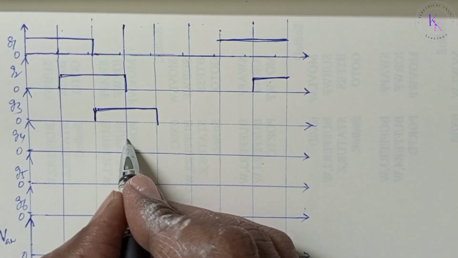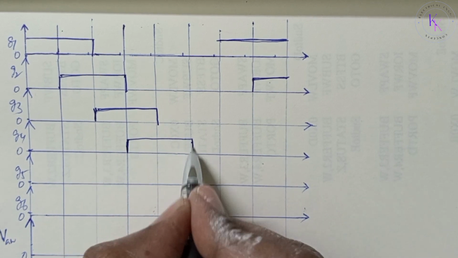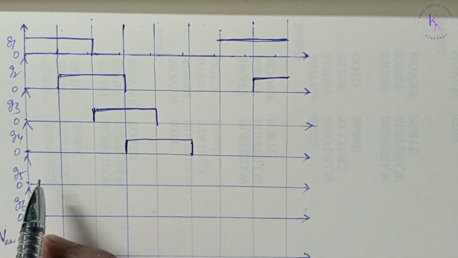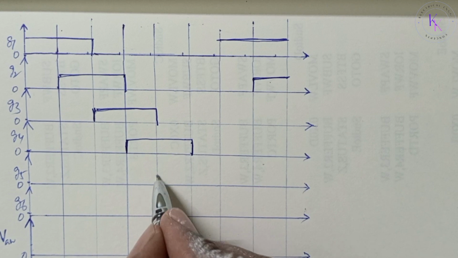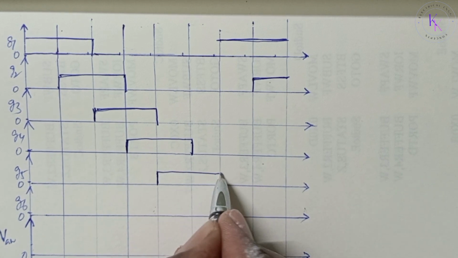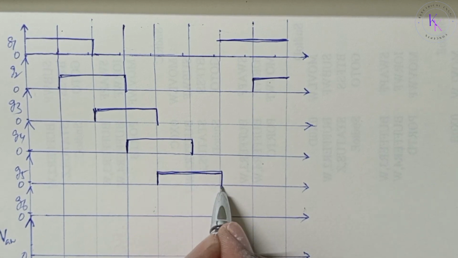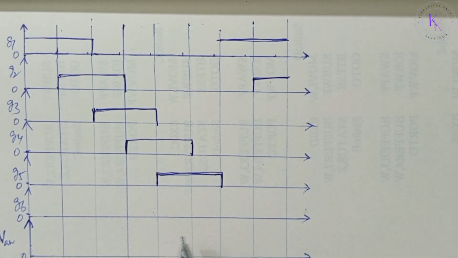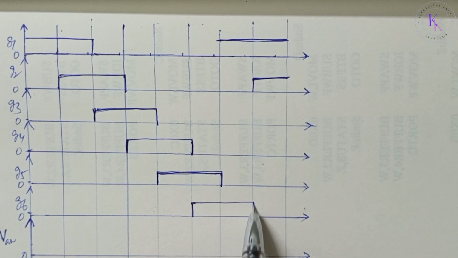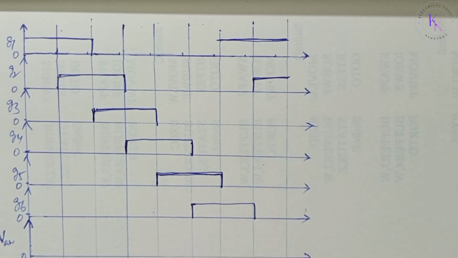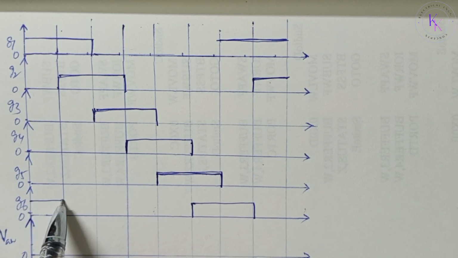Next, G5 will turn on after 60 degrees and remain on for 120 degrees. And G6 will turn on at 5 pi by 3 and remain on for the next 120 degrees, then this will be turned on before also for 60 degrees.